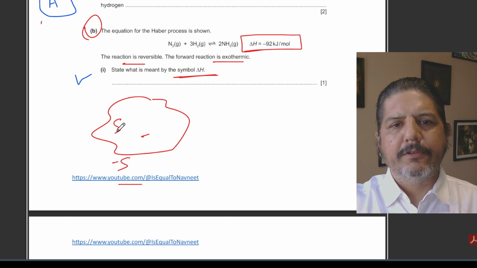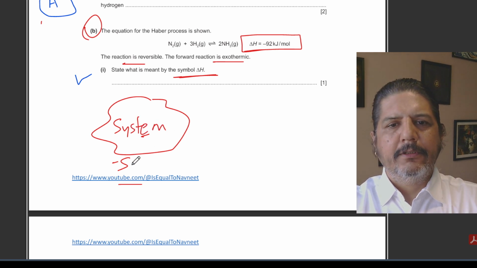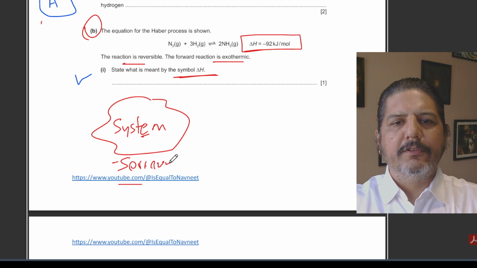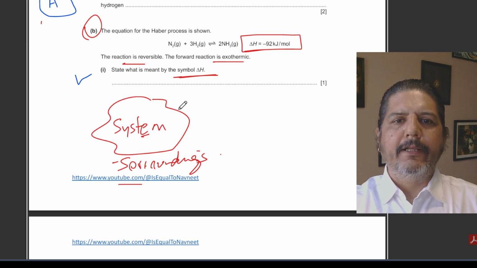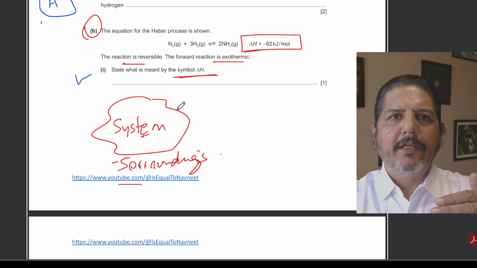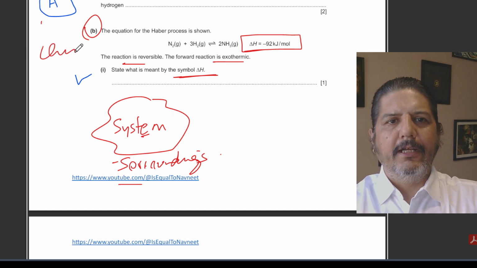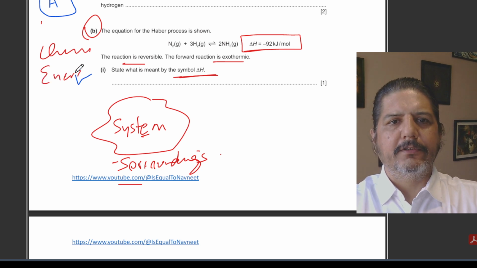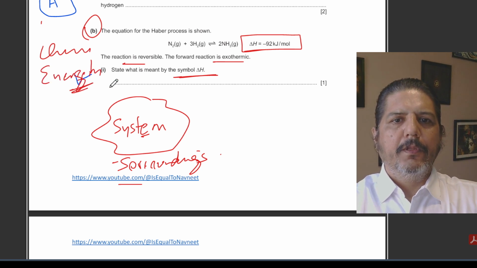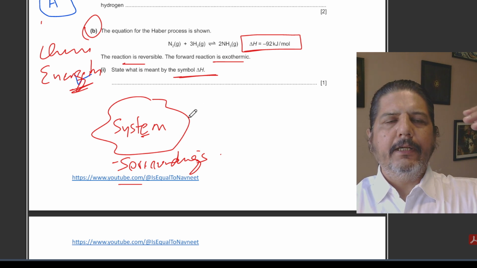So this is our system where the reaction is taking place, and the rest of the universe is the surroundings. Now you should remember very clearly, because in an exothermic reaction, net heat is given out. We had discussed this in detail in our chemical energetics lecture. So in an exothermic reaction, net heat is given out.